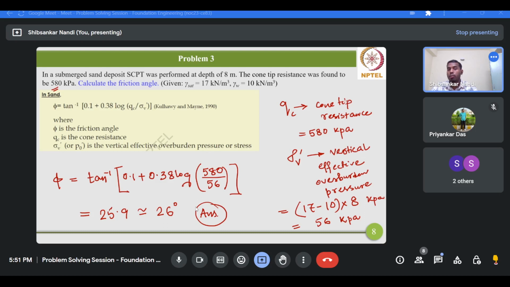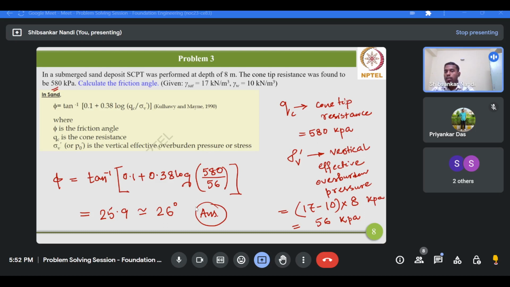Disadvantage of SCPT: we cannot extract the sample in case of SCPT, which we can do for SPT. Now, what is the advantage?